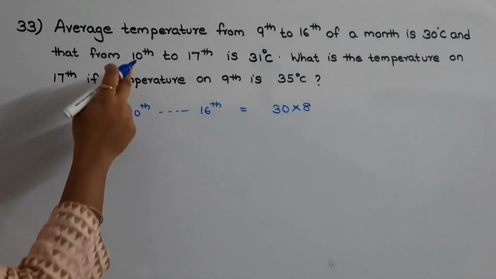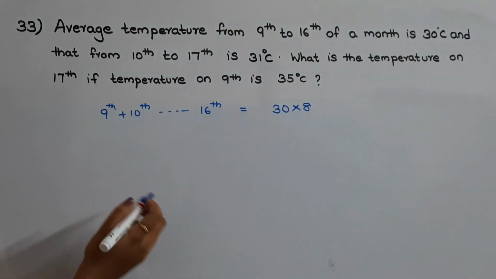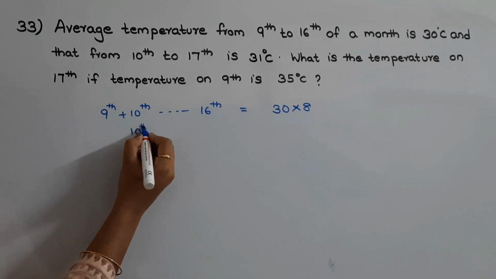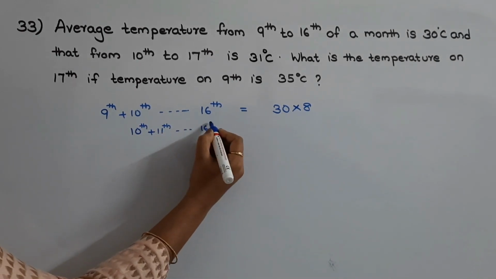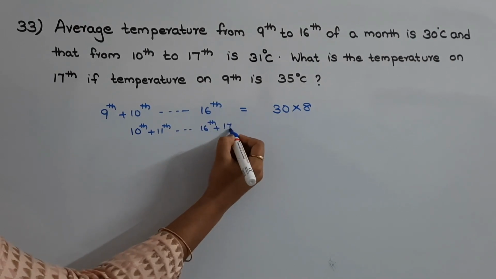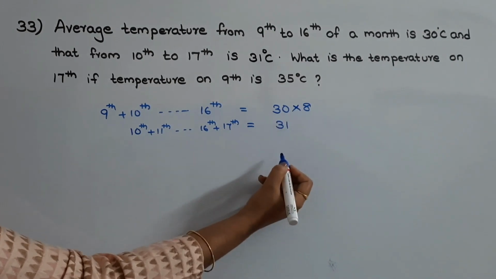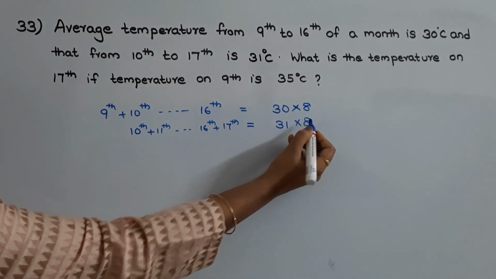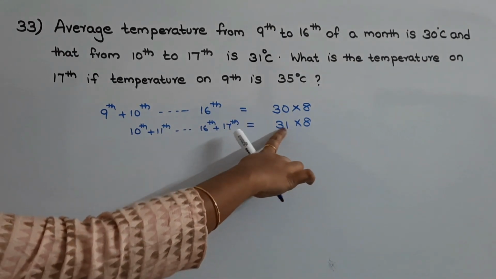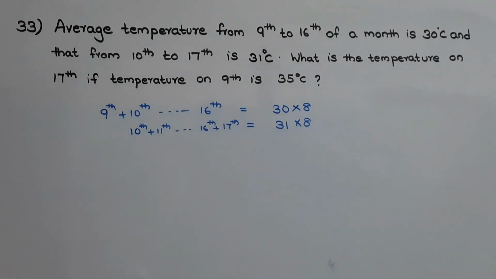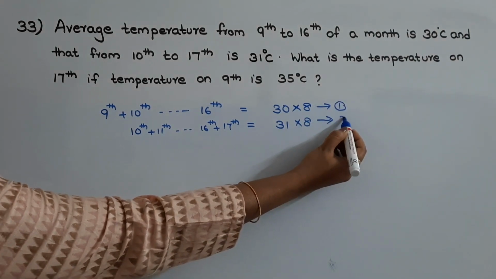Similarly, from 10th to 17th, 10th plus 11th plus so on till 16th plus 17th, the average is given as 31. From 10th to 17th there are 8 days, so the sum of temperatures will be 31 into 8. So this is the first equation and this is the second equation.